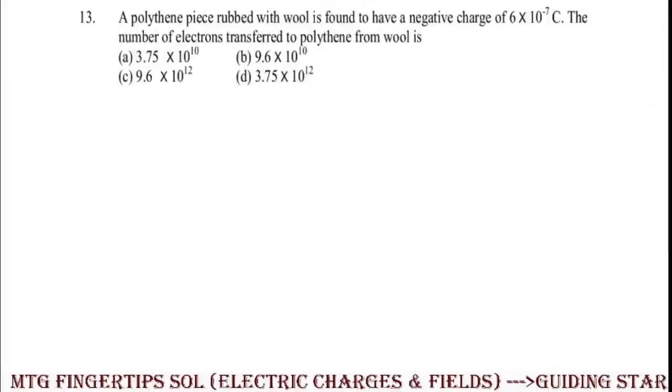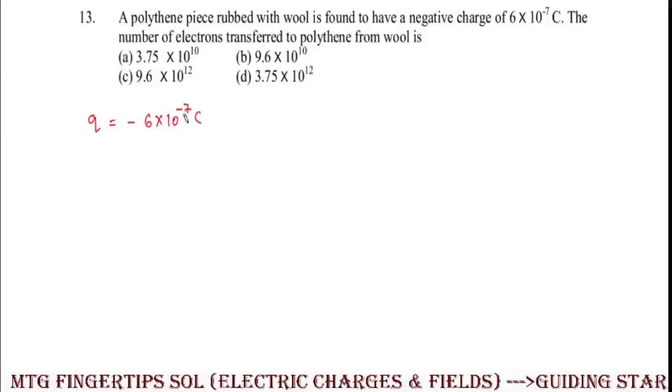Next, moving to question number 13. The question says that a polythene piece rubbed with wool is found to have a negative charge of 6 into 10 to the minus 7 coulomb. The charge is negative 6 into 10 to the power minus 7 coulomb.